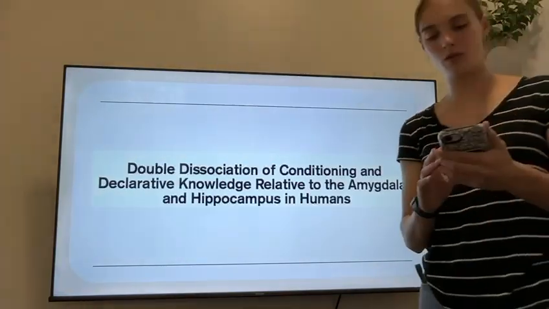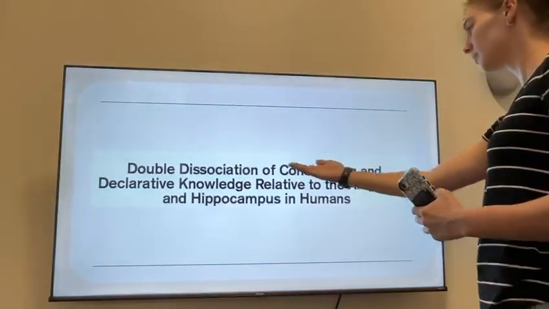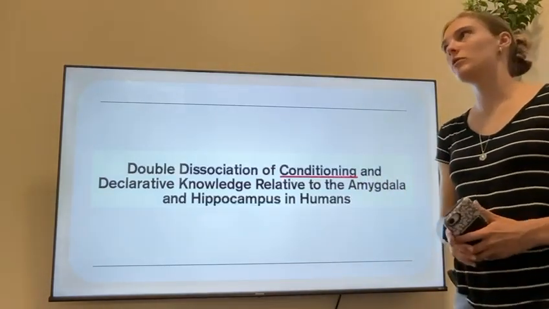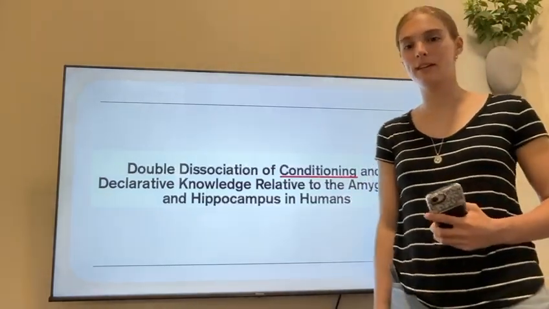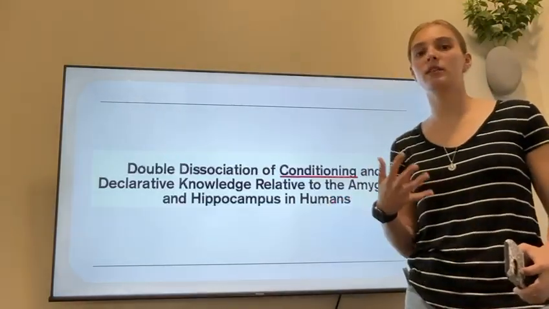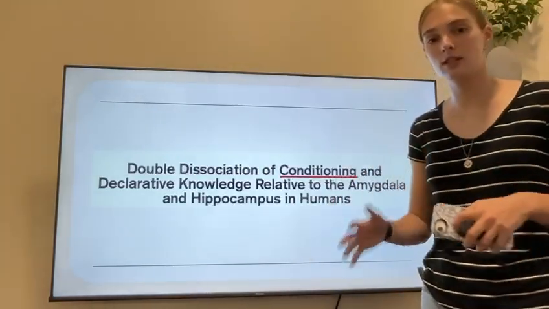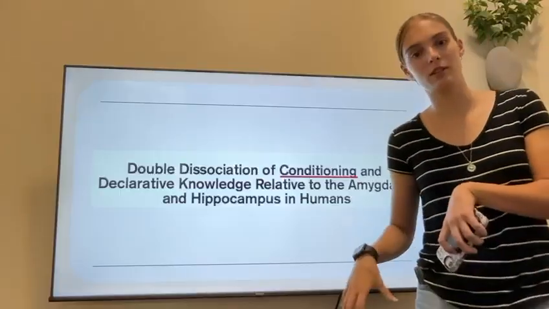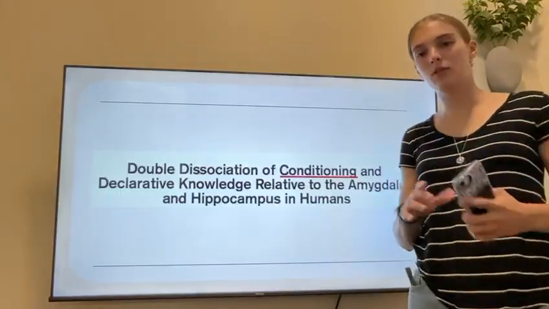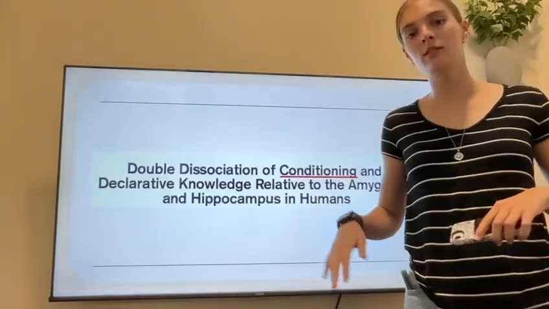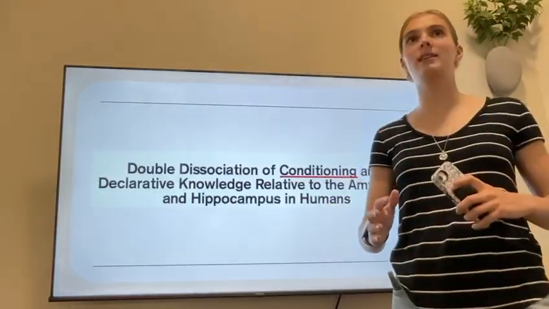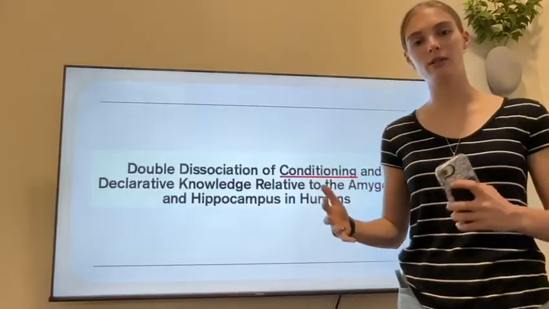Next, I wanted to go over conditioning. This is classical conditioning, which some of you have probably heard of from AP Psychology. It's basically when an organism associates 2 stimuli, which previously were not associated together. So there's an unconditioned stimulus, which is the stimulus that you automatically have a reaction to without learning.